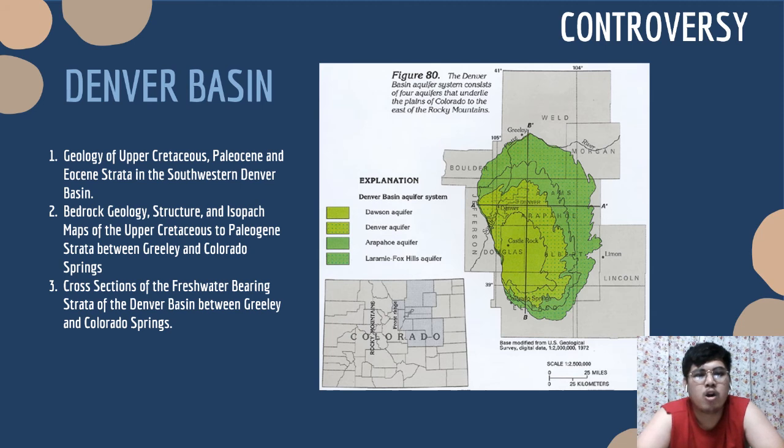First is the Geology of Upper Cretaceous, Paleocene, and Eocene strata in the southwestern Denver Basin. Next is the Bedrock Geology, Structure, and Isotopic Maps of the Upper Cretaceous to Paleogene strata between Greeley and Colorado Springs. And last, the cross sections of the freshwater-bearing strata of the Denver Basin between Greeley and Colorado Springs.